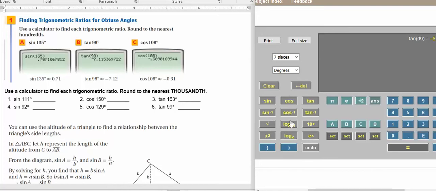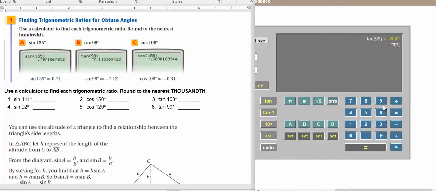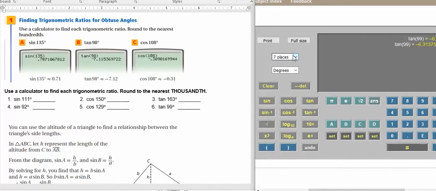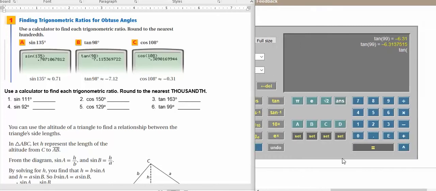The tangent of 99. That's another reason that this is a pretty good calculator. It will round for you. So now we can see that that was rounded already. The whole tangent of 99 is negative 0.63137515. And if I had more place values, it would go even farther. It's a non-repeating decimal. But if I only want 3, then you can actually set that on this calculator to only be 3 decimals, and it'll round it for you.